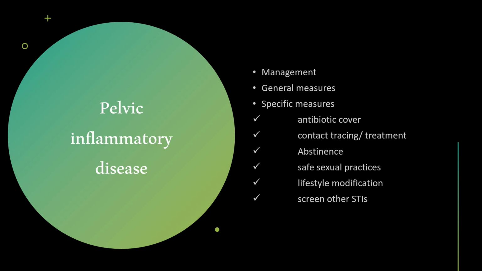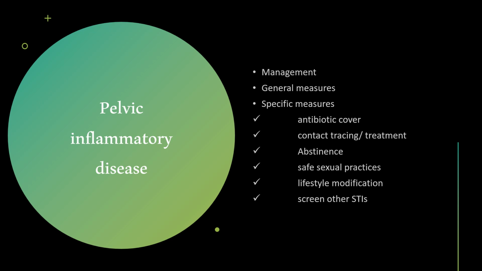Whatever contacts the patient had within 6 months, we should trace those persons and treat them. This is usually in developed countries where these practices are very common, but in Pakistan, we must treat the partner. There should be abstinence from coitus for at least 2 weeks, and after that safe sexual practices should be followed.